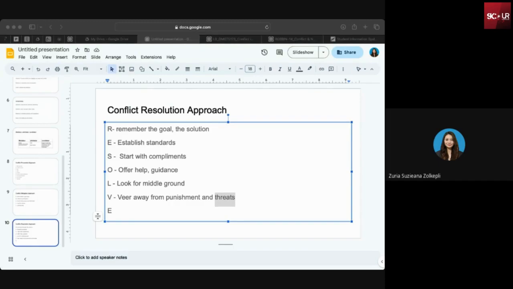Okay, so good bosses ataupun good leaders, they can identify all this by being observant and so on.